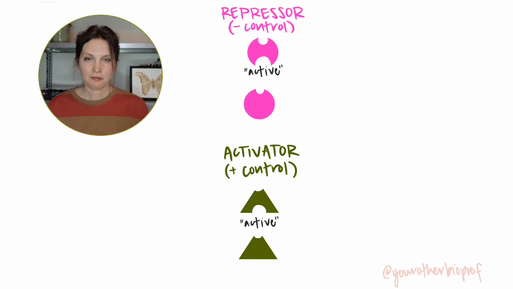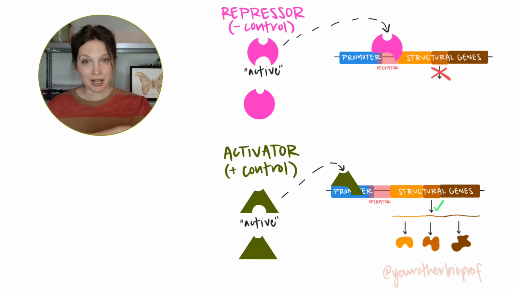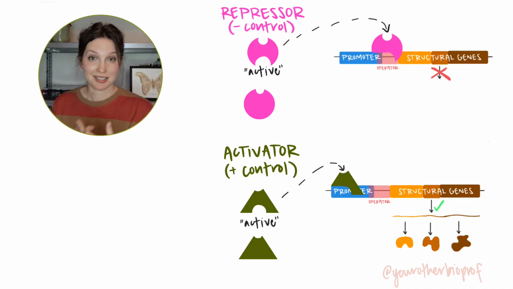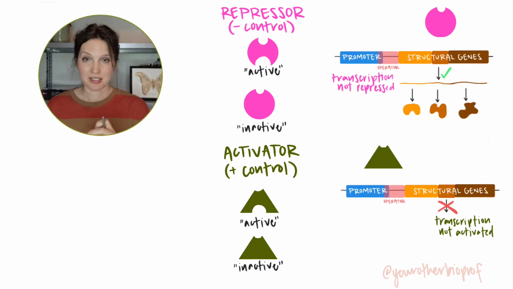And in that active conformation, your regulatory protein has a DNA binding site that's going to recognize specific locations on the operon, bind to the operon, and influence transcription, either positively, if it's an activator, or negatively, if it's a repressor. The inactive conformation is a different shape, where the DNA binding site isn't available. So it can't bind to the DNA, it's just kind of hanging out.